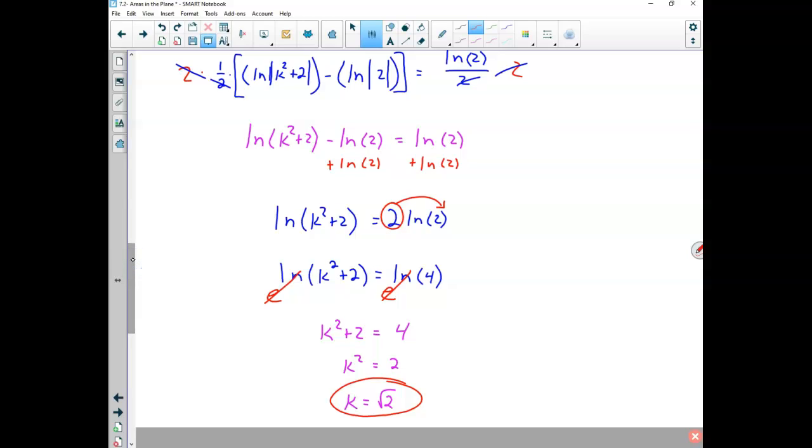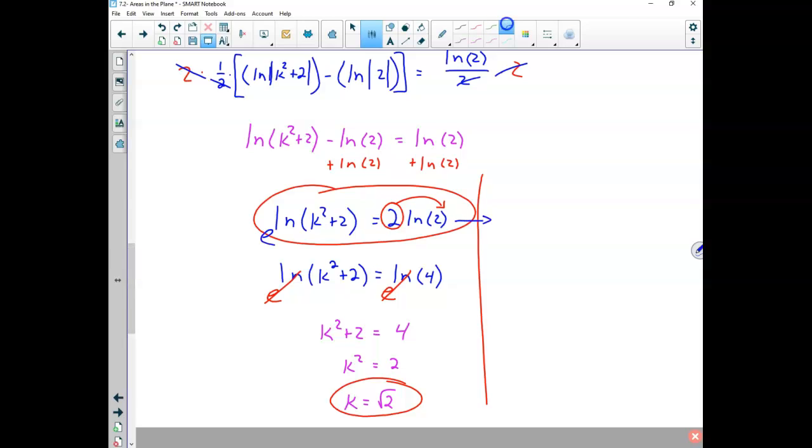Well, Mr. Kruger, I was really good up to this point, and then when you e'd it, I fell apart. Well, if you forgot that power rule, it doesn't matter, because you could base e both sides here and get k squared plus 2 equals e to the 2 ln 2.